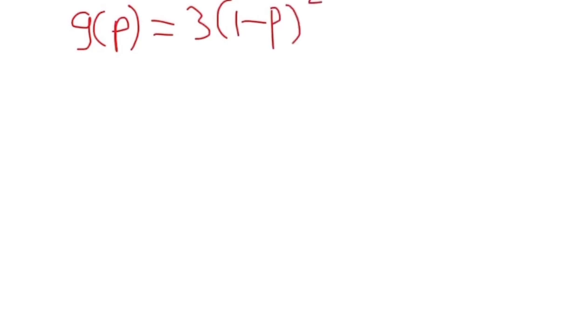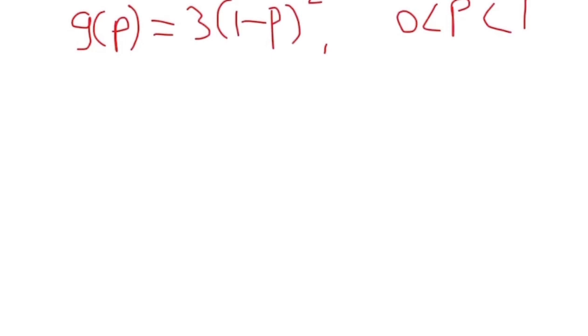Okay, I already have g of p, which is equal to 3 times 1 minus p, all squared, where p lies between 0 and 1. And of course, that's a prior distribution, based on alpha equal to 1, beta equal to 3. But what about the likelihood distribution I told you about the other time?